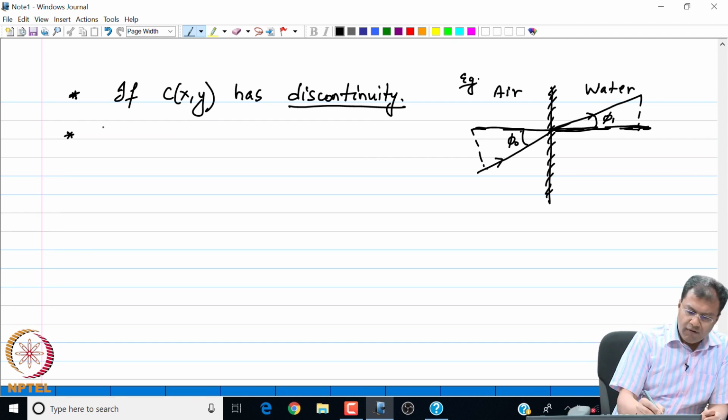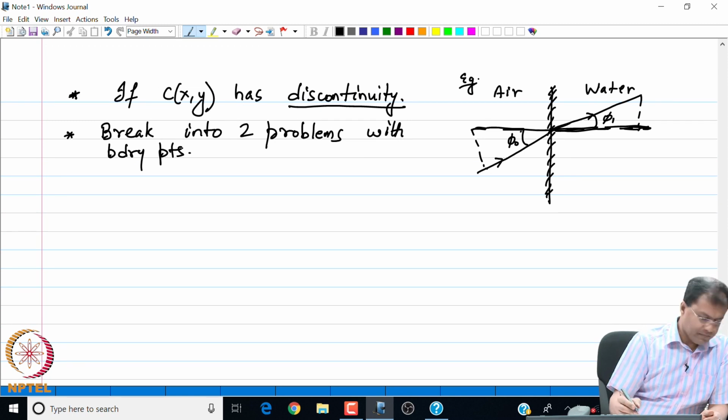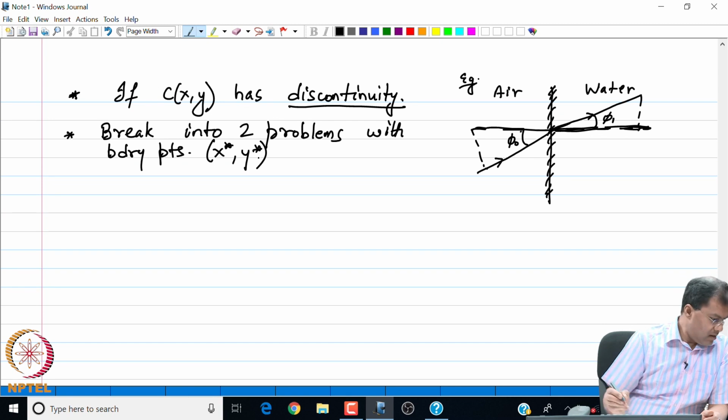So, the idea is as follows. What we do is we break the problem into two problems with boundary points x star comma y star, right.